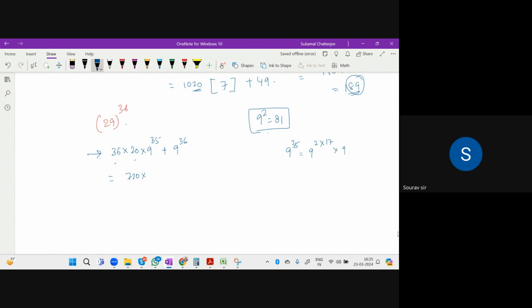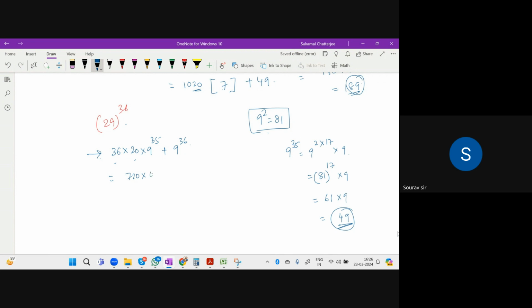Which is 81 to the power 17 into 9. Correct? So the last two digits would be 8 7s are 56, 61, into 9, which is 9 6s are 54, 4. So 49 would be the last two digits.